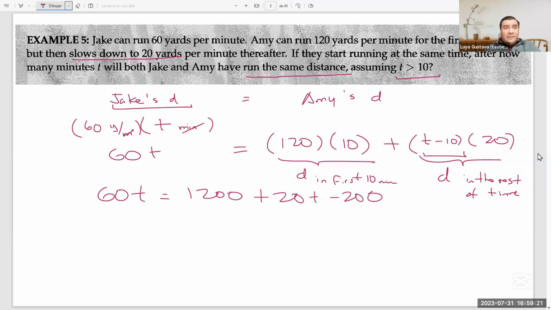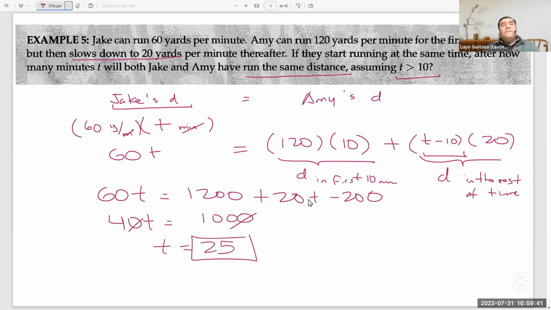We have 40T equals 1000. So what does this yield? Simplify, we get T equals 25 minutes. Okay, that's the answer to the question. So if you have any comments, questions, or doubts, please pray tell.